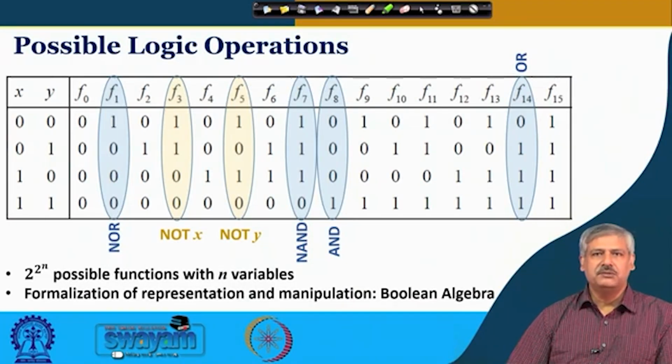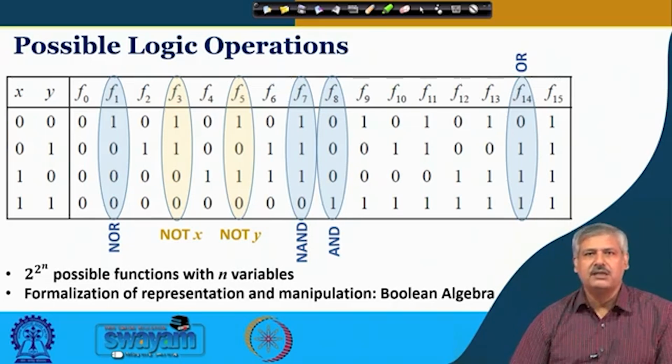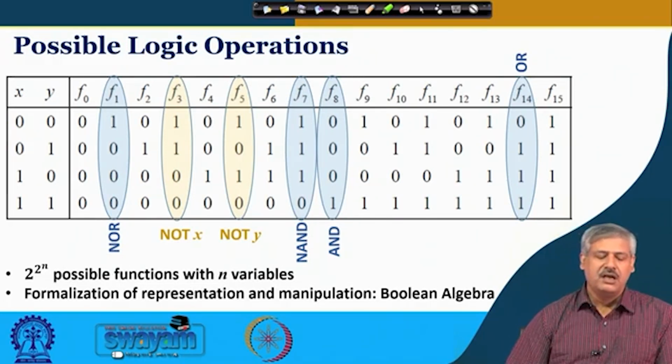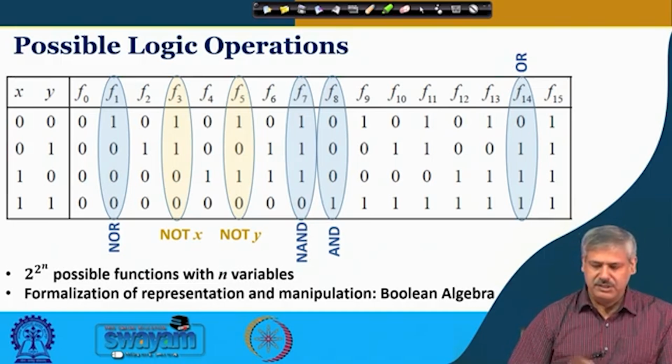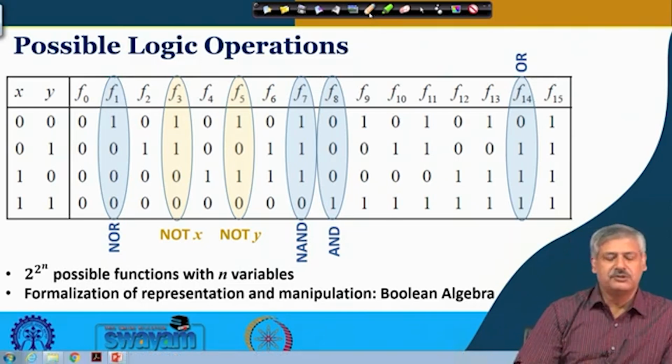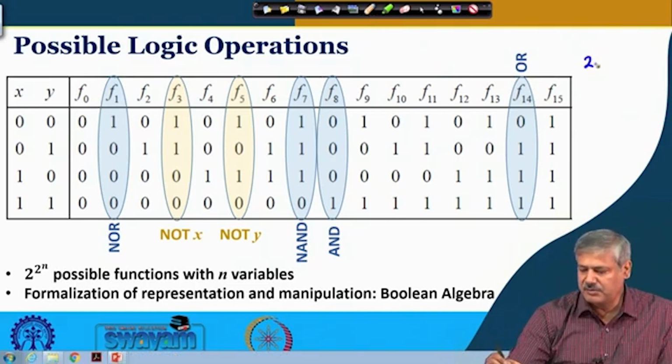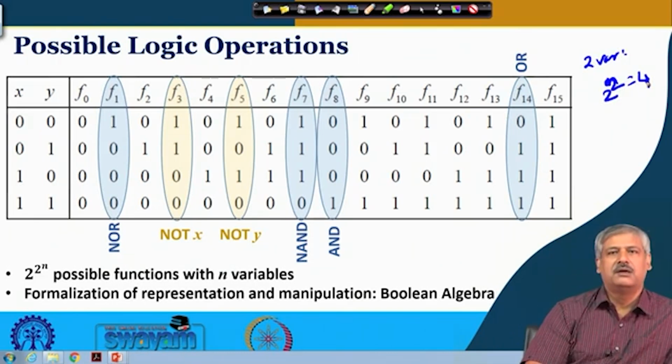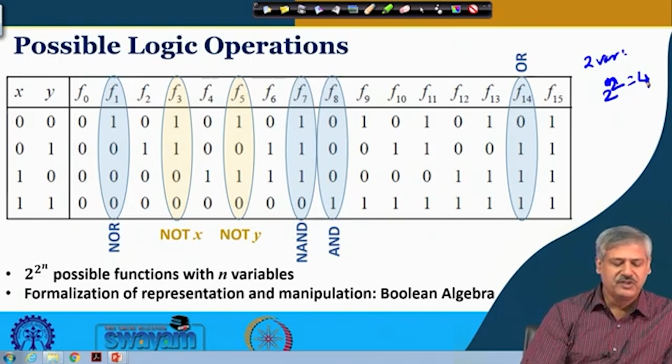So, in the previous classes we were looking at two variable logic operations, right. If we look at the two variable representation, with two variables we can have 2 to the power 2, that is 4 possible arrangements in this truth table.